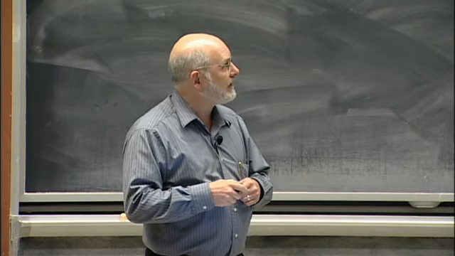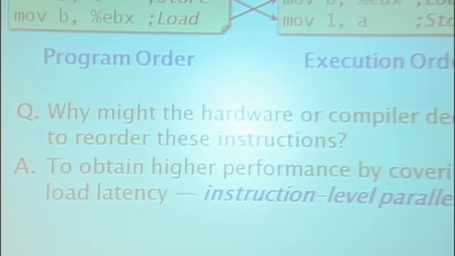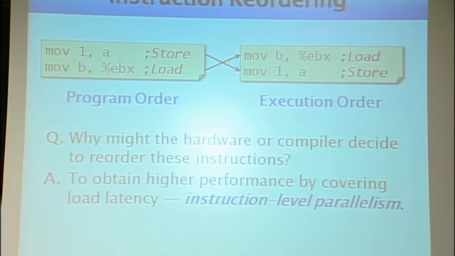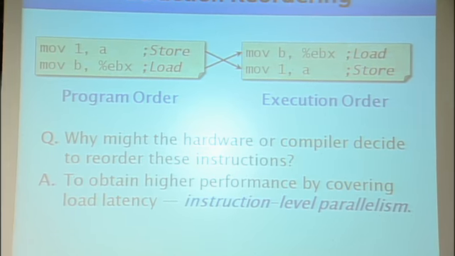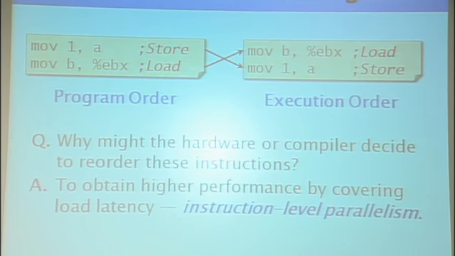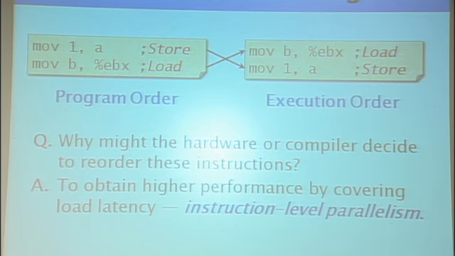So if I execute the load first, I can go right on to execute the store. Okay, I can issue the load, go right on to execute the store without having to wait for the load to complete if I have a multi-issue CPU in the processor core. Okay? So you get higher instruction level parallelism.